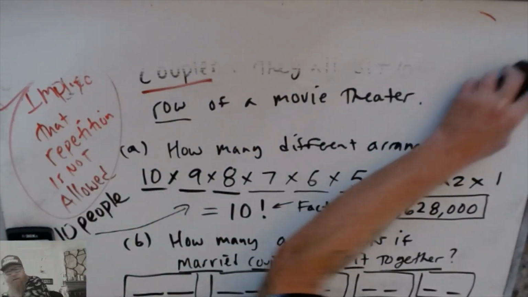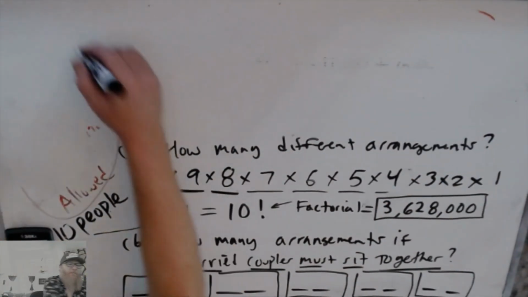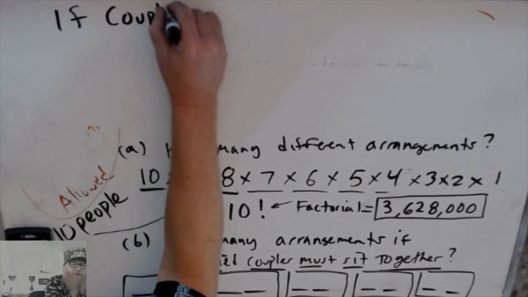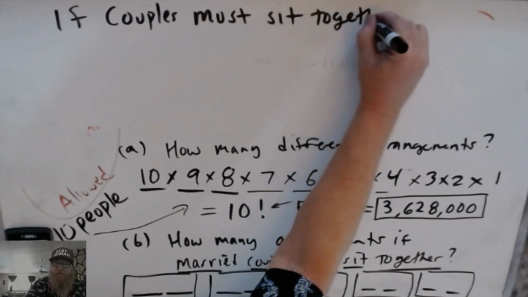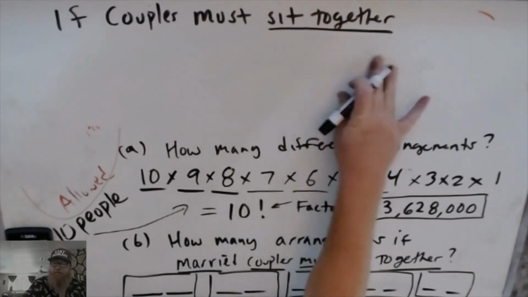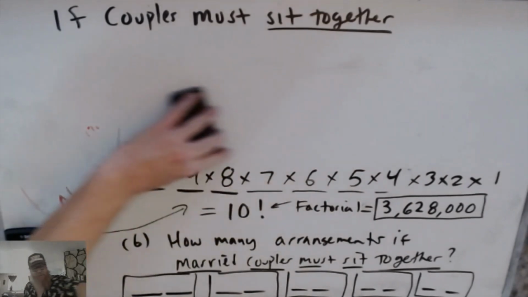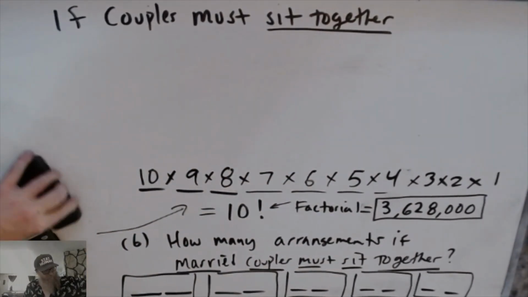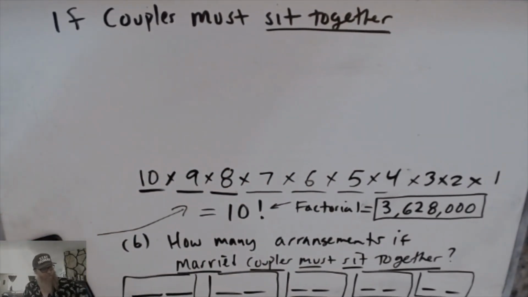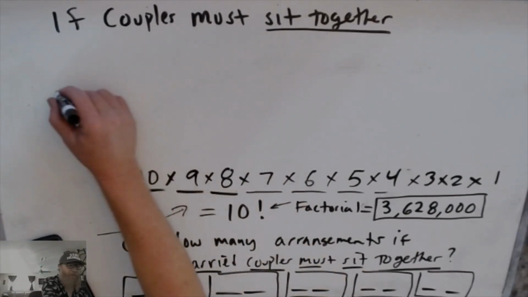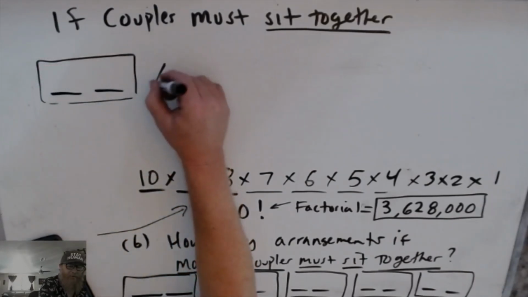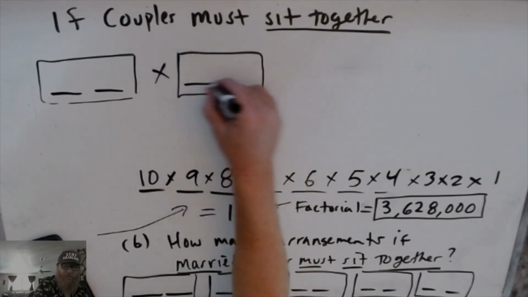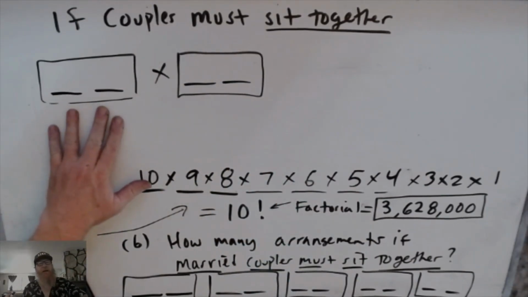Let me draw this out a little more clearly. So if the couples must sit together, that's like bundling together two of the seats and saying, well, these two seats are occupied by a couple.